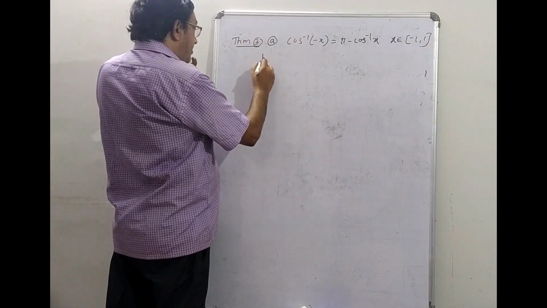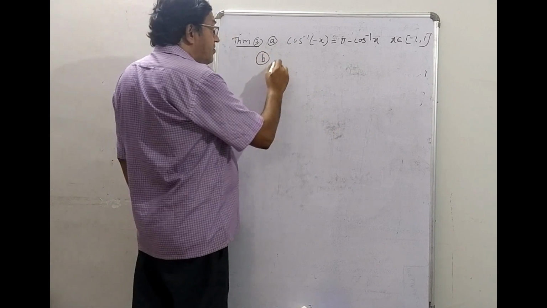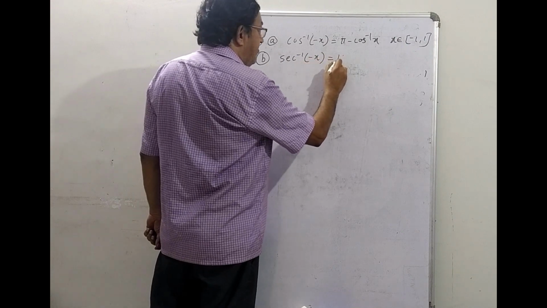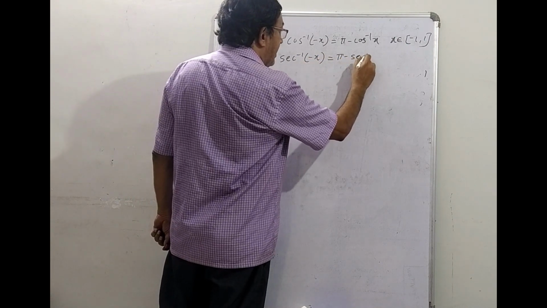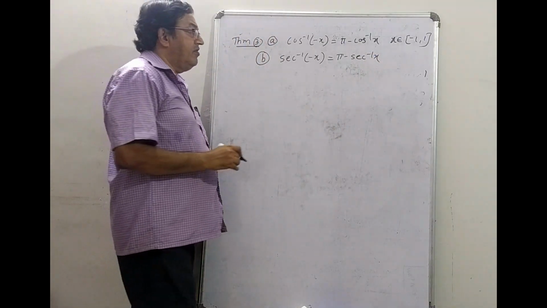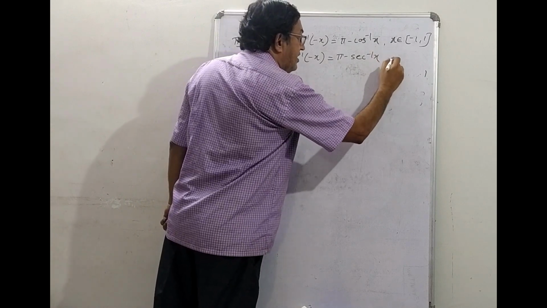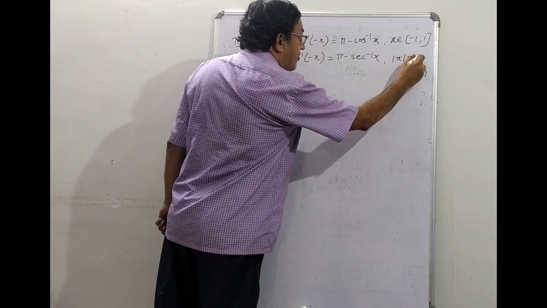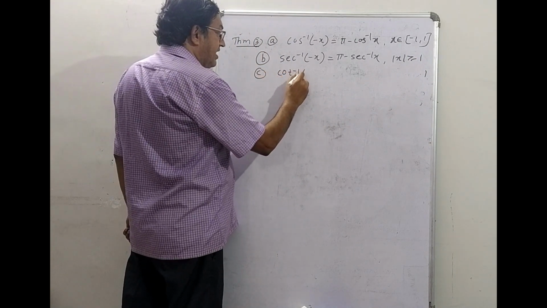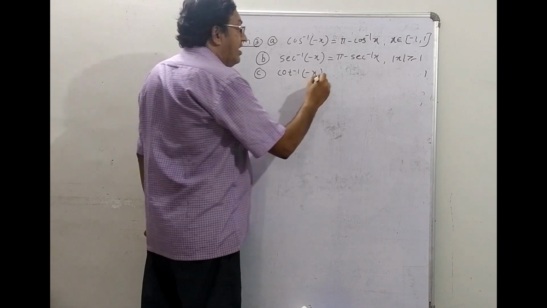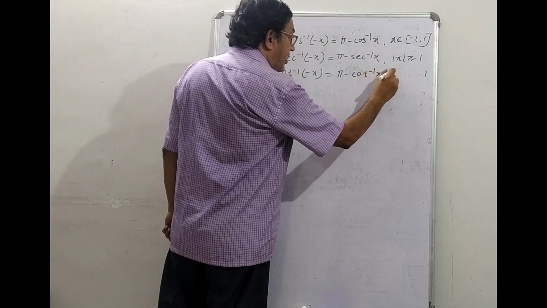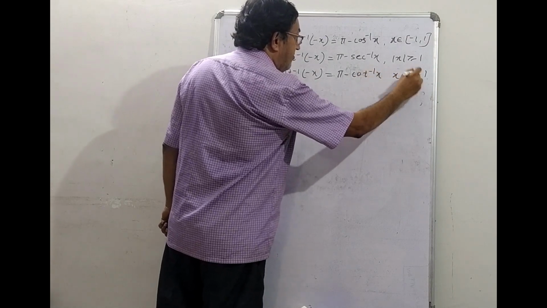Then the second part: sec inverse of minus x is pi minus sec inverse of x, where the condition is mod of x greater than or equal to 1. Then the third part: cot inverse of minus x is pi minus cot inverse of x for x belongs to the set of real numbers.